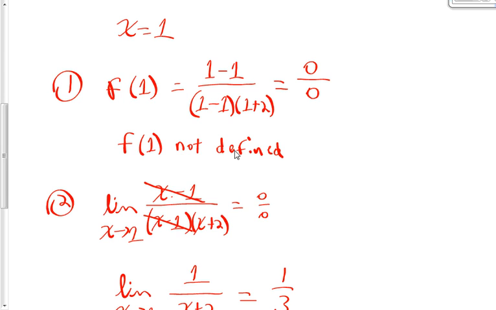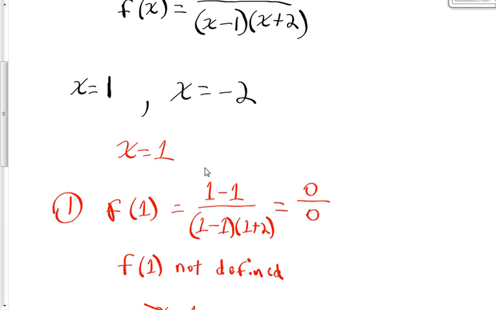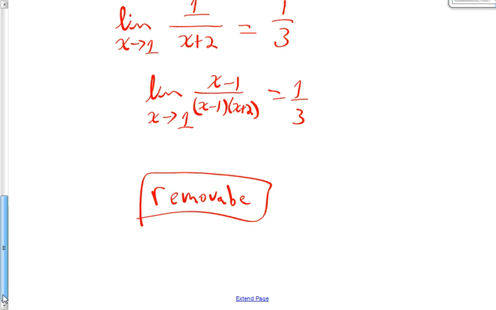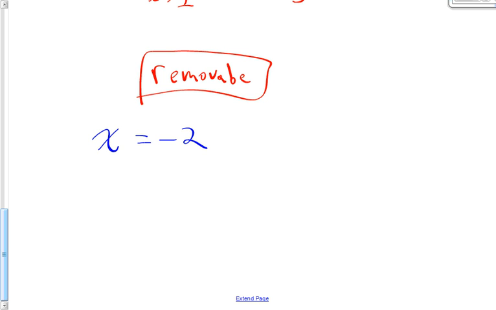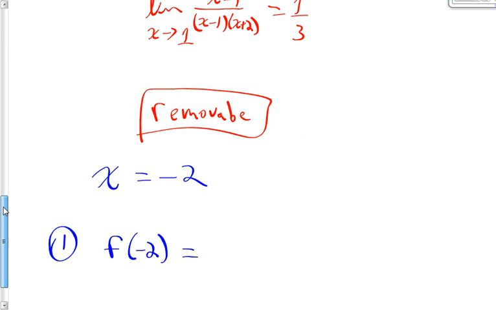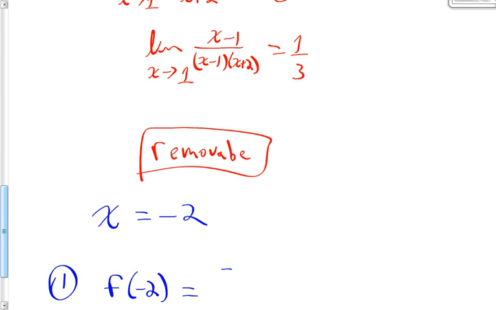All right, let's check the other one now. Let's check x equals -2. The first thing we want to do is check f of -2. f of -2 is -2 minus 1 over -2 minus 1 times -2 plus 2.